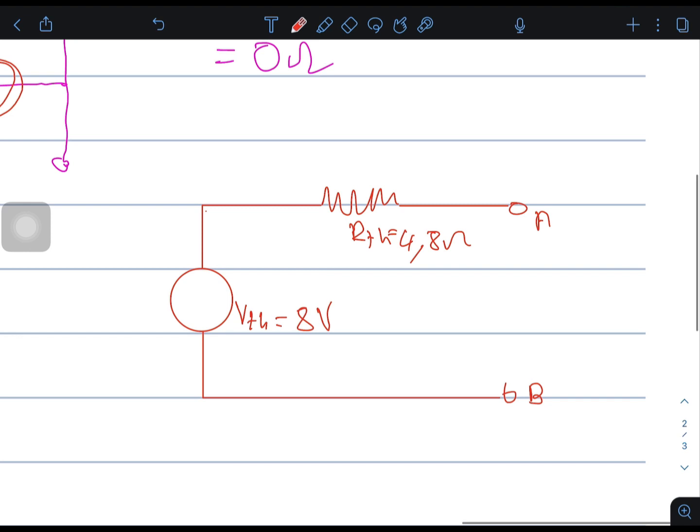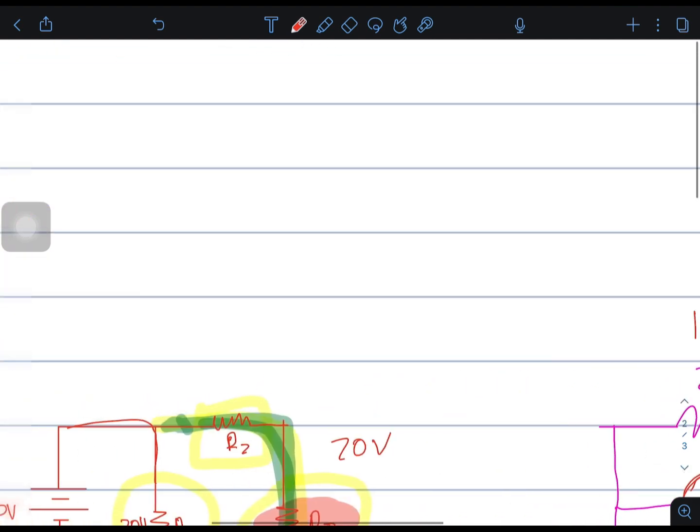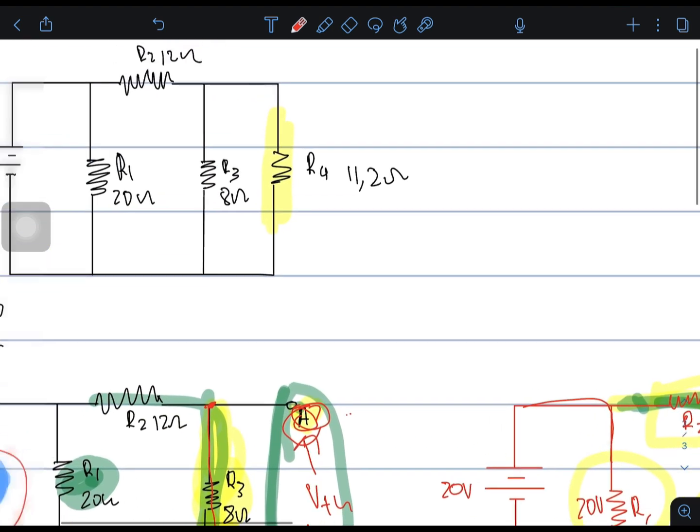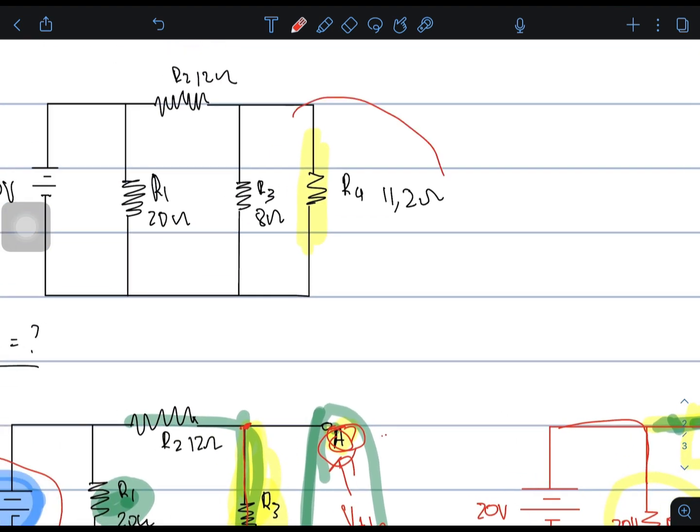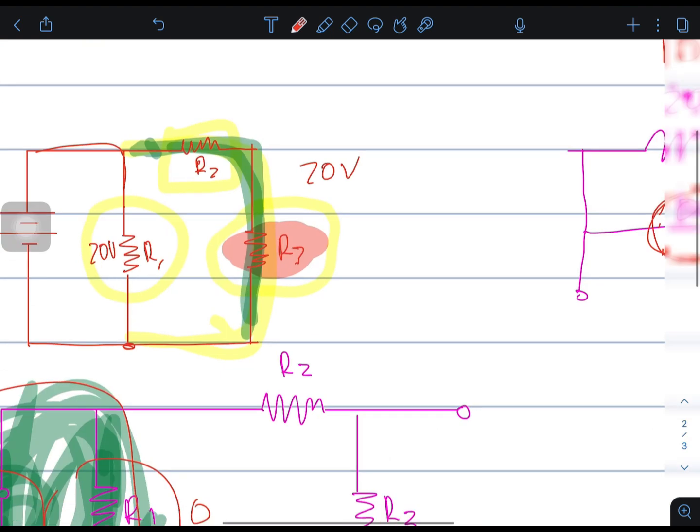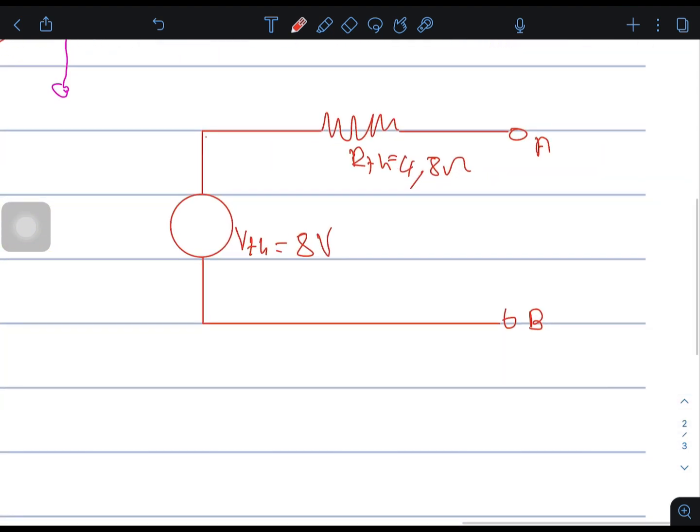The question wanted us to calculate the current through the R4 resistor. The resistor that we took out, we can now take it and put it back into the Thevenin equivalent circuit, which is R4 equal to 11.2 ohms.